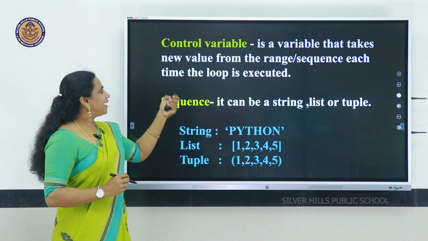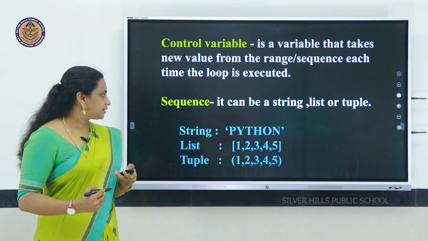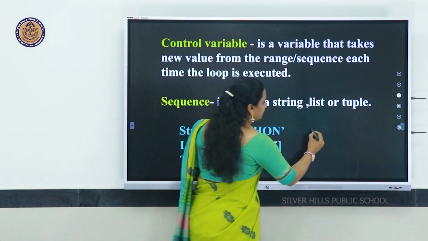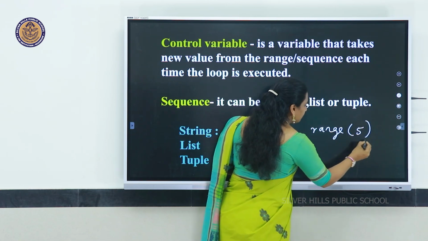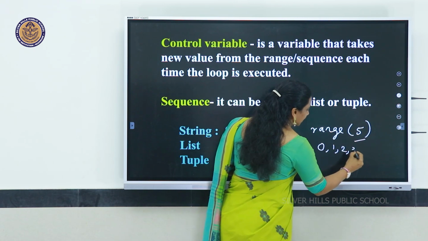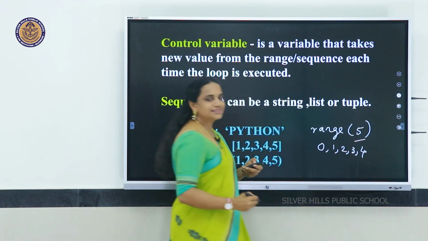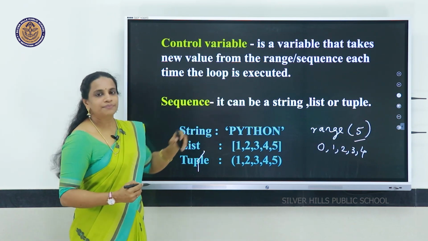Control variable takes a new value from the range or sequence. As I told you, if you are writing range of 5, then this control variable will take values 0, 1, 2, 3 and 4. 5 is excluded. Or it will take values from the sequence.